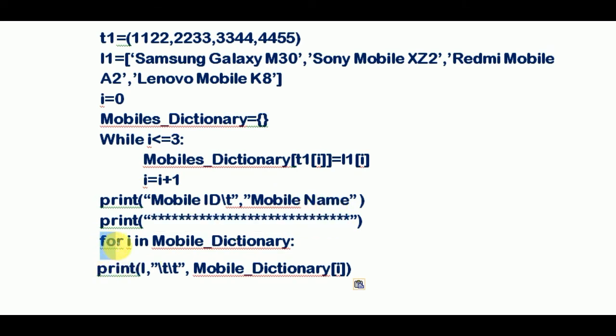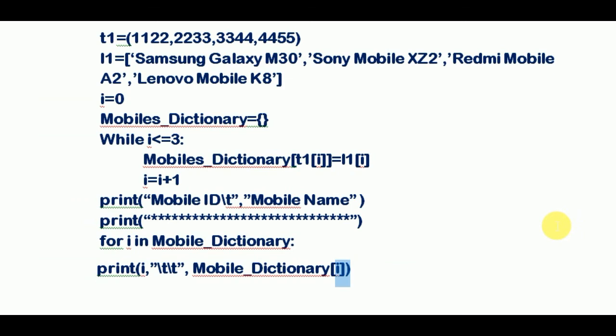Now we use one loop here, for I in mobile dictionary, which is the name of the dictionary, and print I and mobile dictionary of I. So here we print the mobile dictionary.